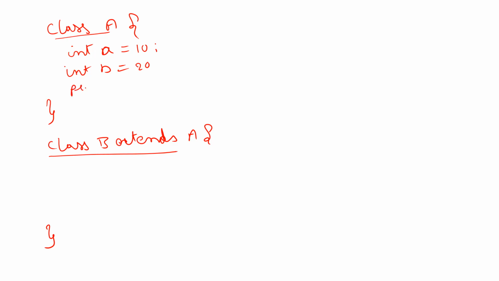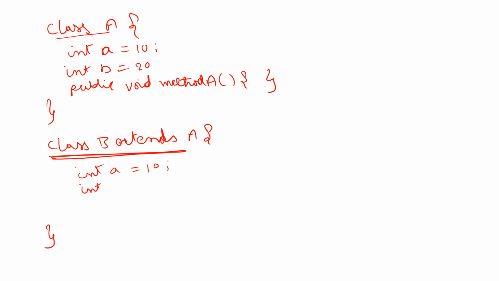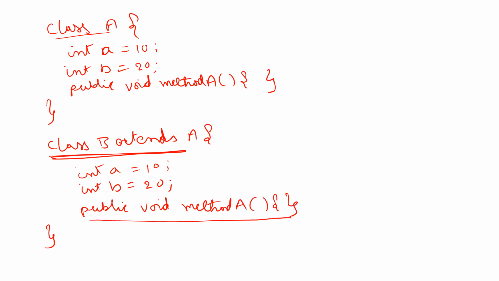And I have a method which is public void method A. Let's say in class B also I am declaring the same variables, which is int A equals 10 and int B equals 20, and I am declaring the same method, which is public void method A. Now this is called method overriding.